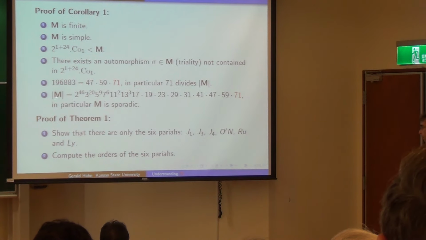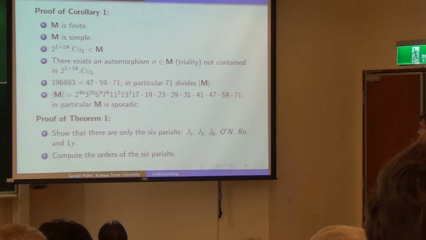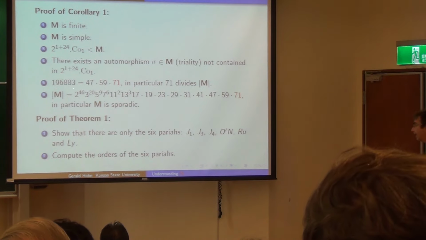And also one has to show that this group, which is generated by sigma and 2^{1+24}.Co_1, is the full automorphism group of the Griess algebra, which was done by Griess.